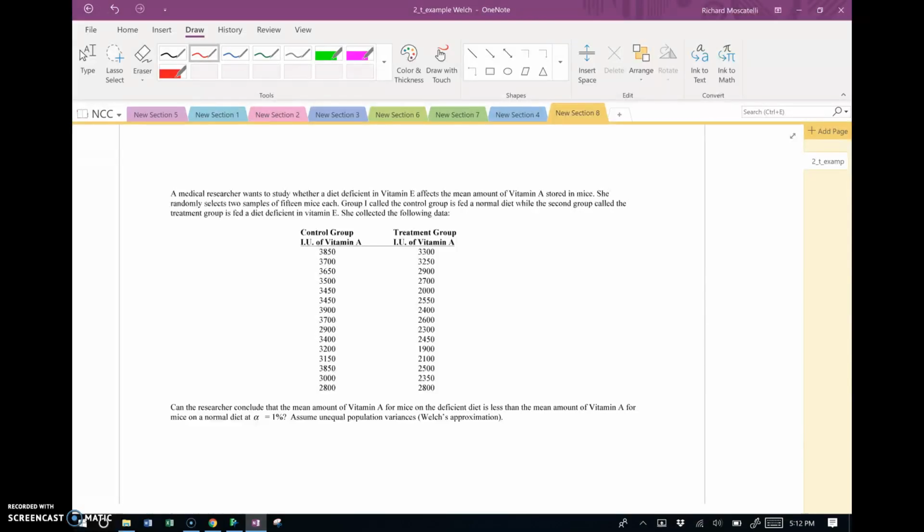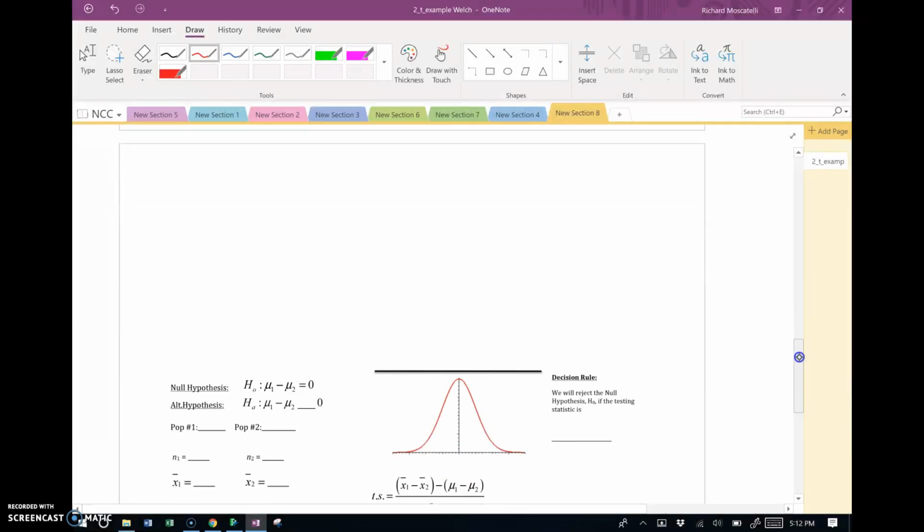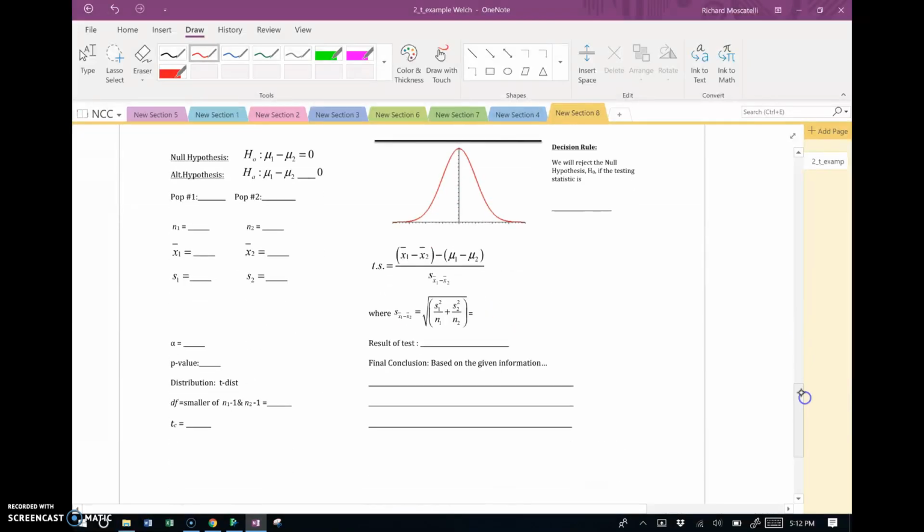All right, so another way to say that is the control group's vitamin A is greater than the treatment group's. And they're telling us to use a 1% level of significance. All right, so when I look at this, who we call population 1 and who we call population 2, that really doesn't matter for the template.